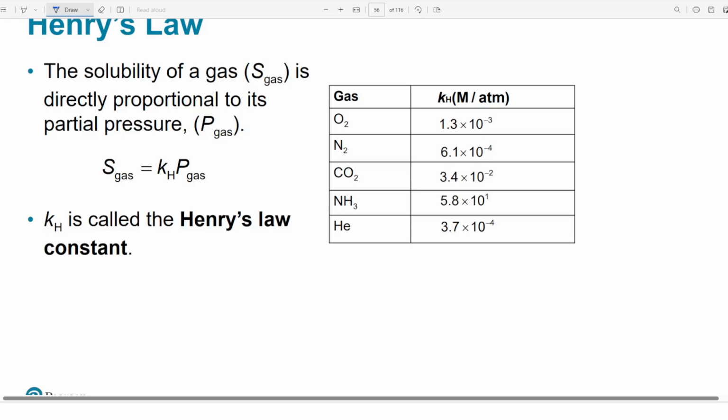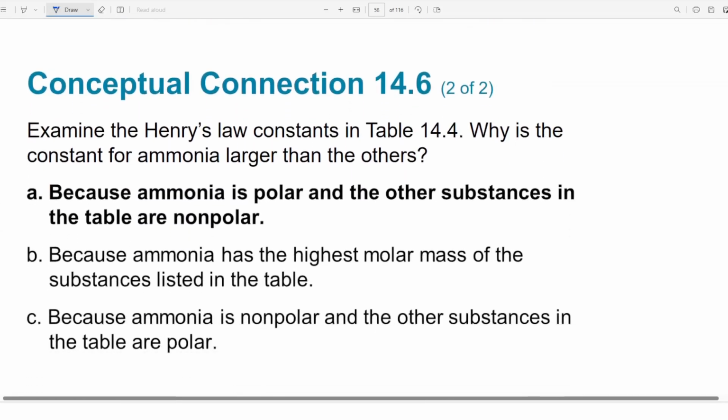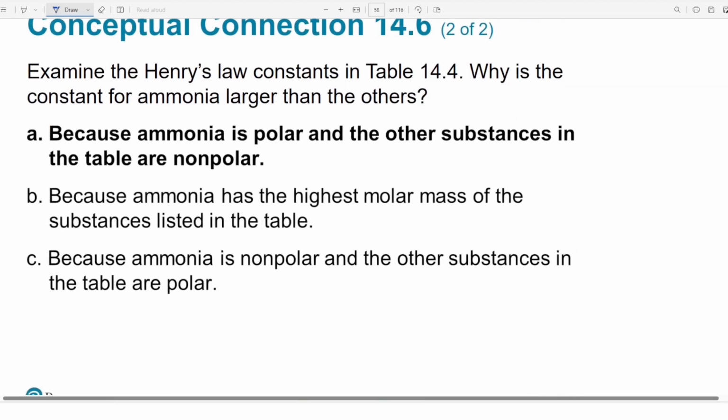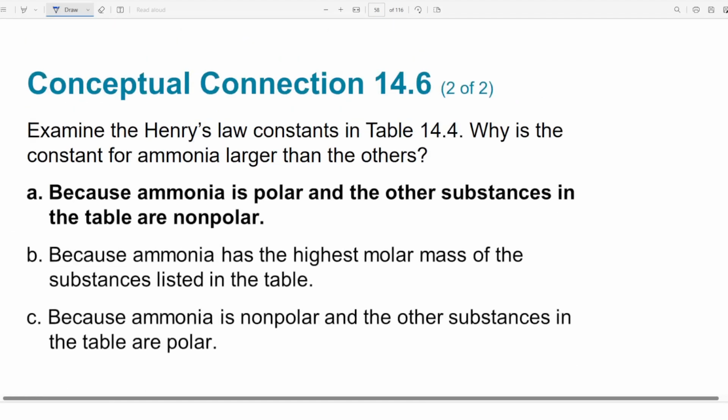So ammonia is much larger. And this is because ammonia is polar, and the other substances, being gases, are nonpolar, because most gases are nonpolar. But additionally, the ammonia is reacting with the water, and that's another reason why it has a large Henry's law constant.